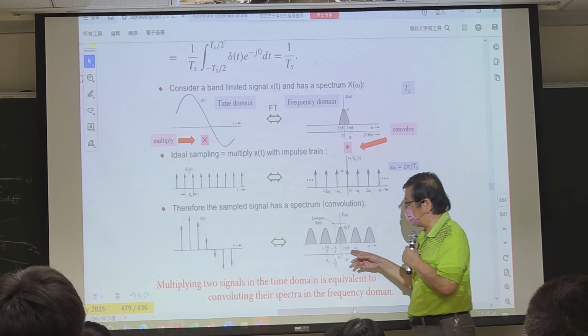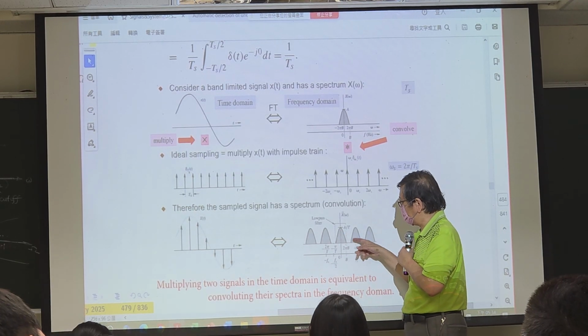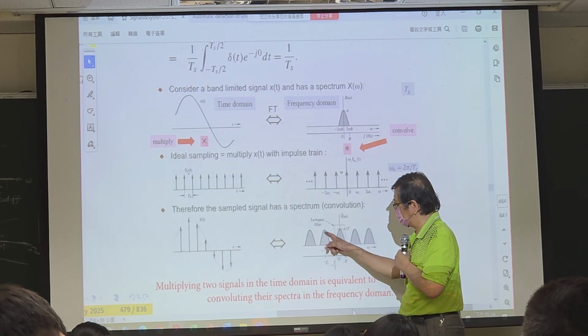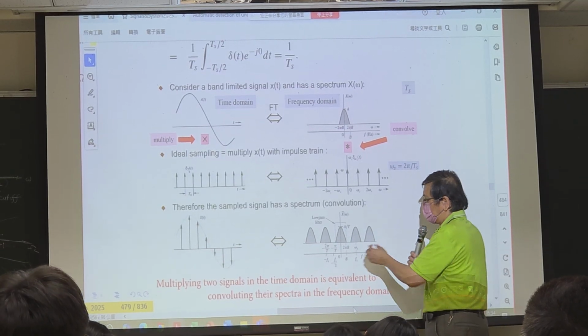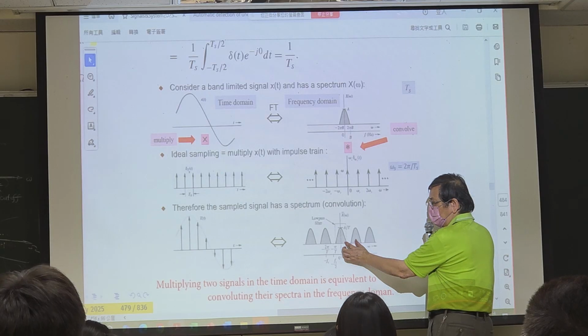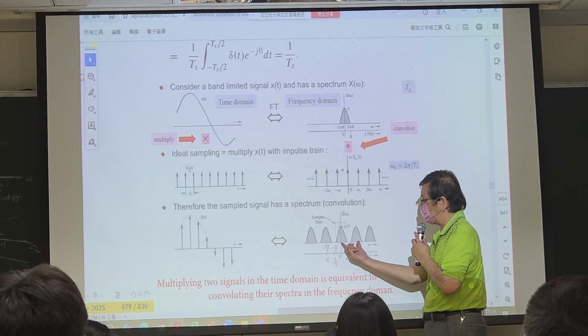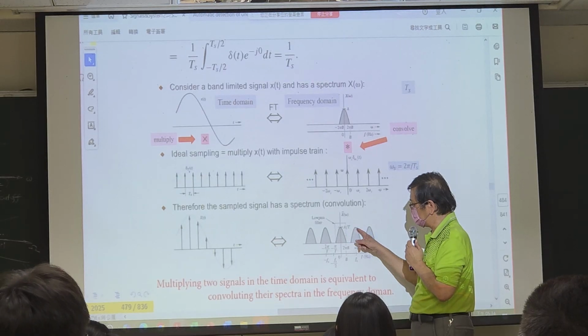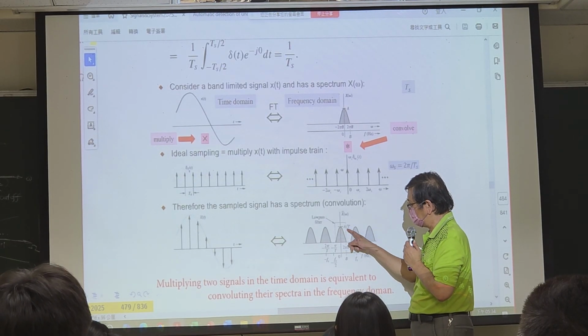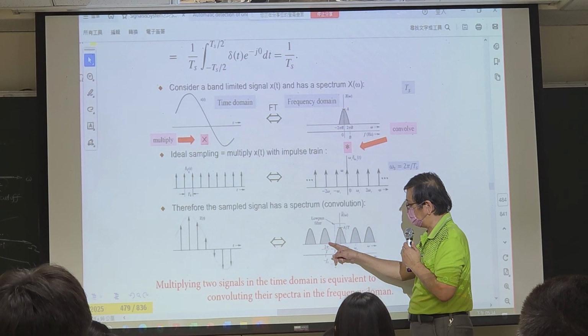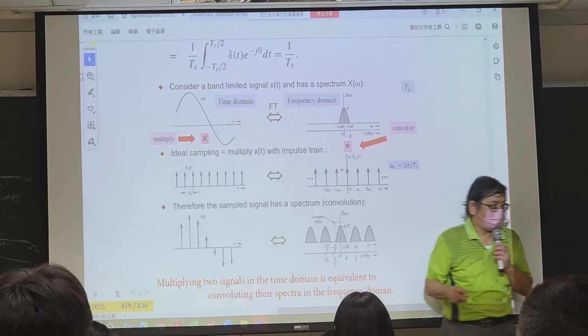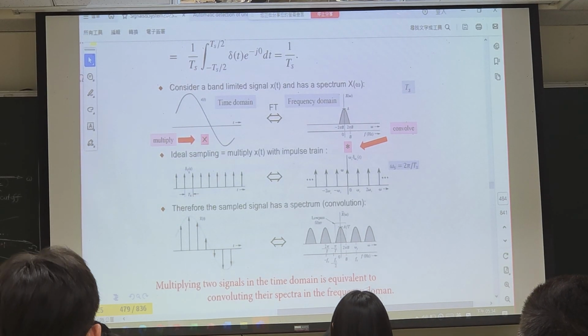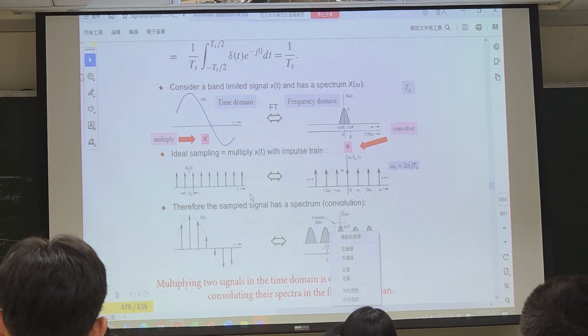After taking samples, we have the frequency response like this. If the gap in between is too small, then you can imagine that these two frequency responses can overlap.